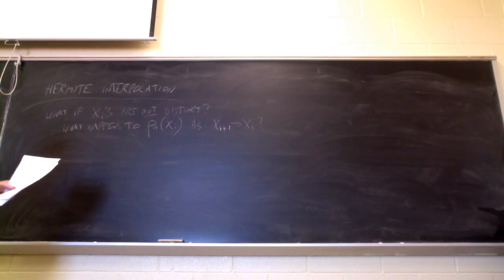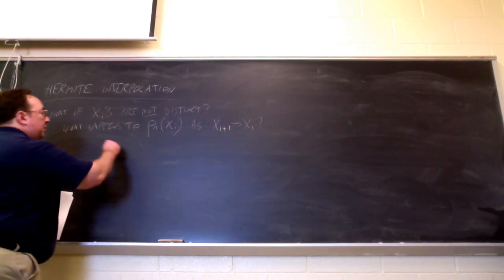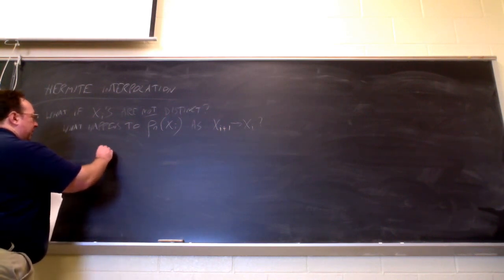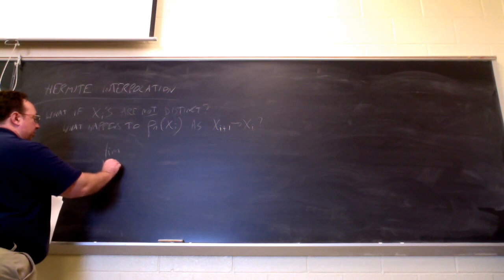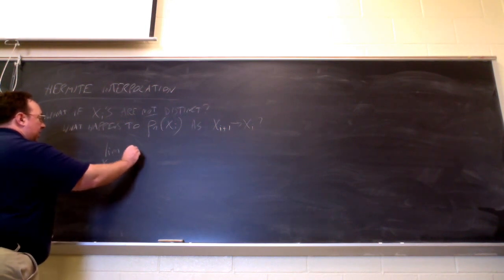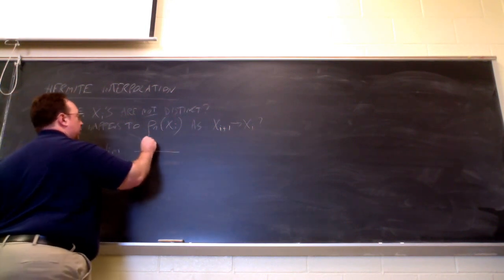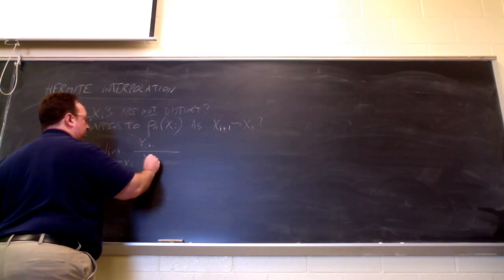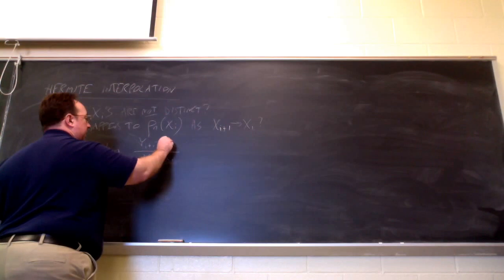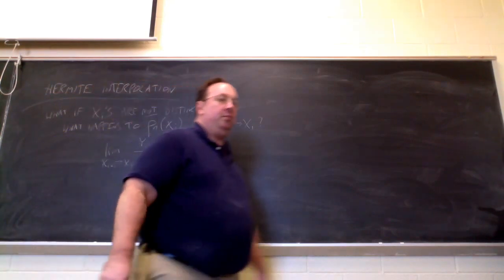Because what ends up happening is, if we take the limit as xi plus 1 approaches xi, these x values are approaching each other, and therefore the y values have to be approaching each other also.